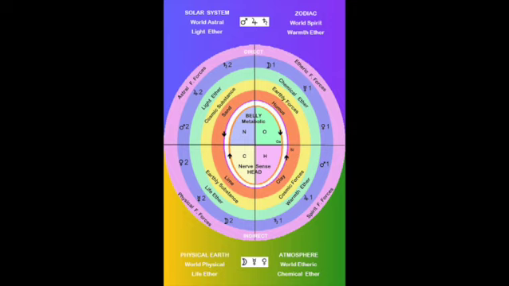And the interesting thing is that it's opposite to what he says in the 2nd lecture. In the 2nd lecture, he's telling us that the cosmic planets, the outer planets, are working from the Earth outwards, and the inner planets are working from above downwards.